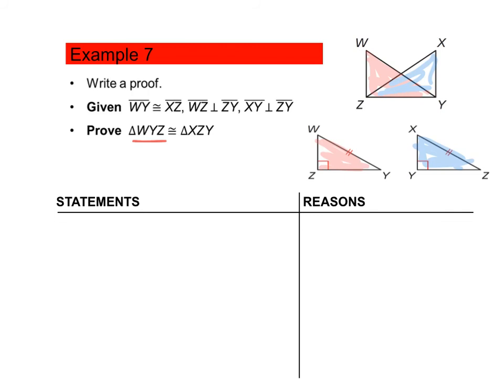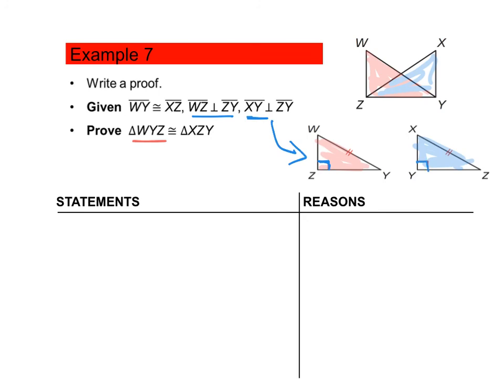So over here, I've already added all of my givens. Because they told me that WZ was perpendicular to ZY, I knew that this formed a right angle. Same thing here, XY perpendicular to ZY, then this is also a right angle.